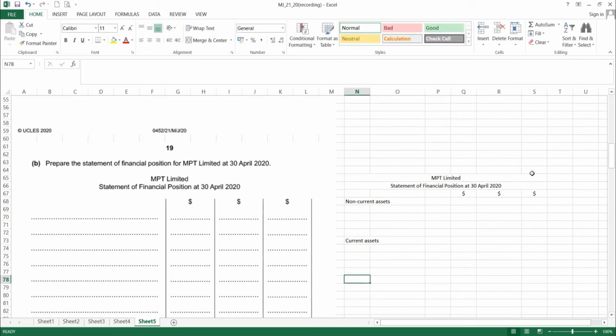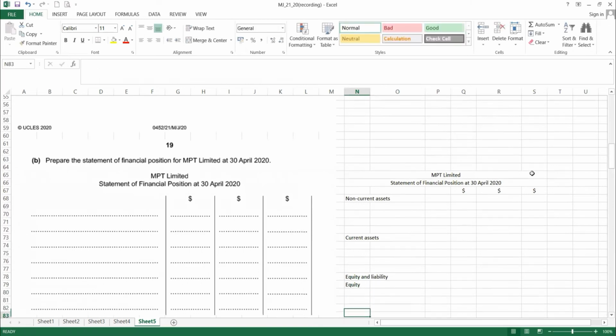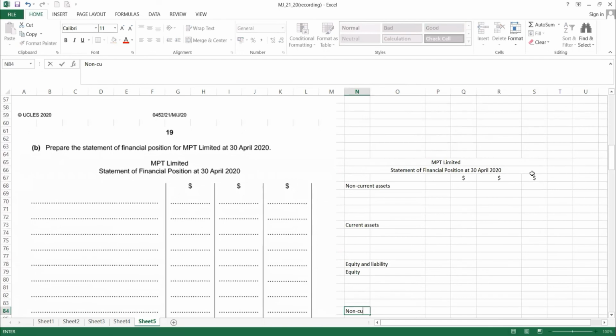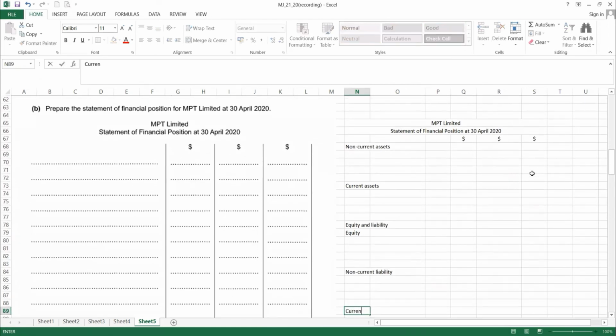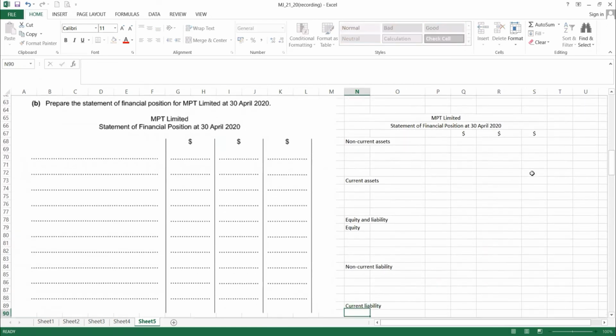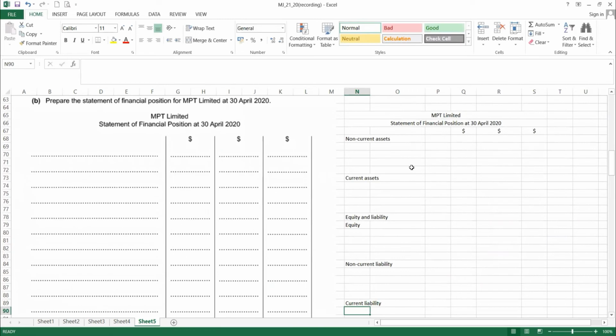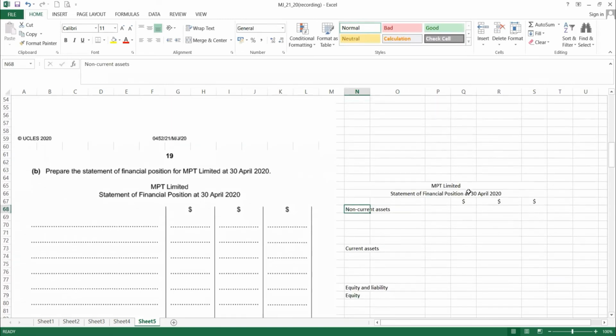And then after that, because this is a company, we put equity and liability because it is a company account. So with the equity section, after that, non-current liability, and then last is current liability.